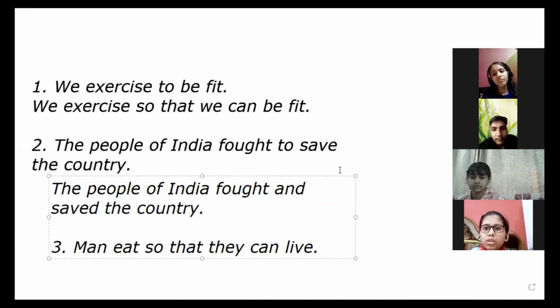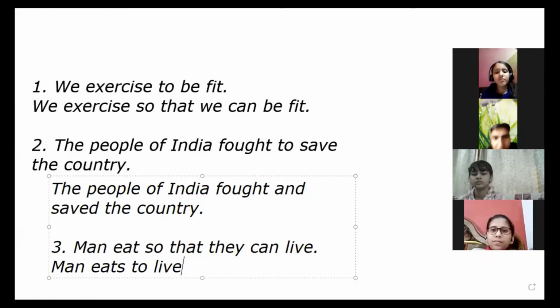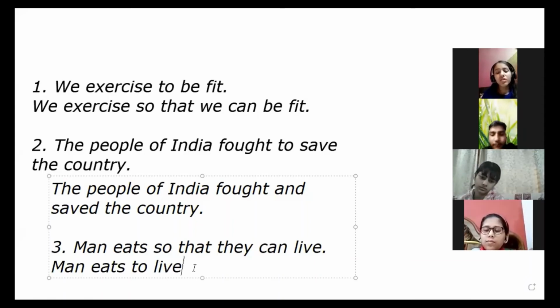Yes, Divyanshi. Man eat to live. Correct. Man eats to live. Will be eats. And so have you people understood this? This exercise was based on rule 1, which we did today.